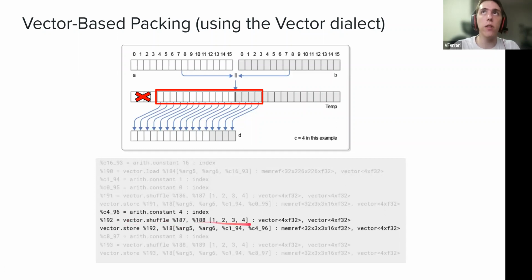This shuffle instruction, written just like this, is lowered to this instruction right here. So I tested it, and it does what we want. It lowers to the correct instruction, at least on Power. I haven't tested on other architectures.